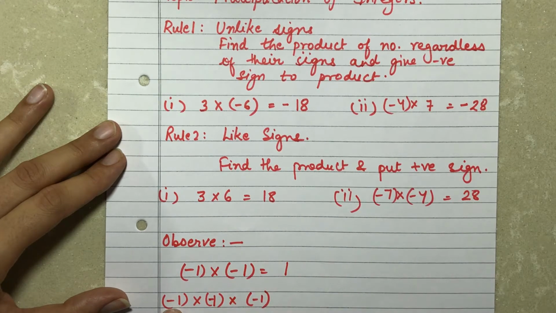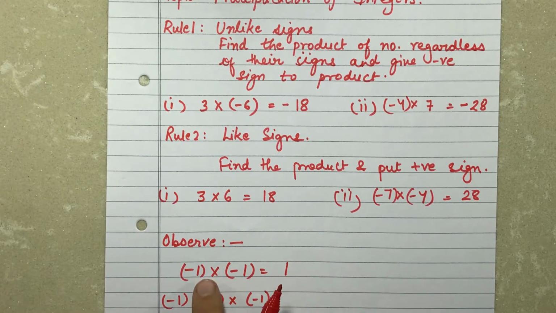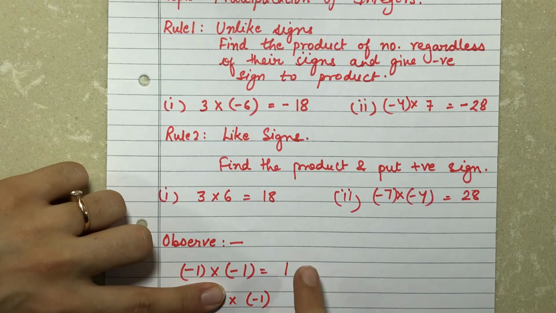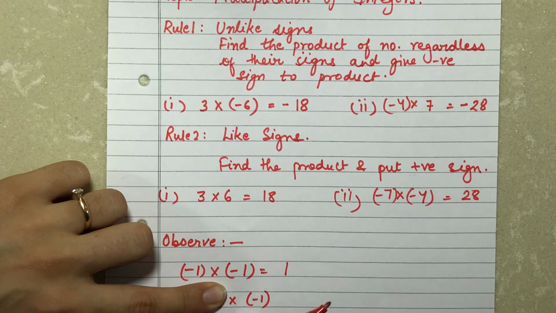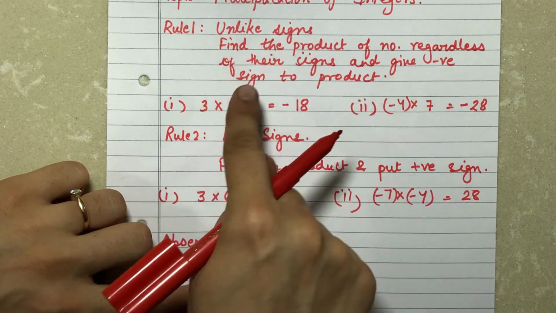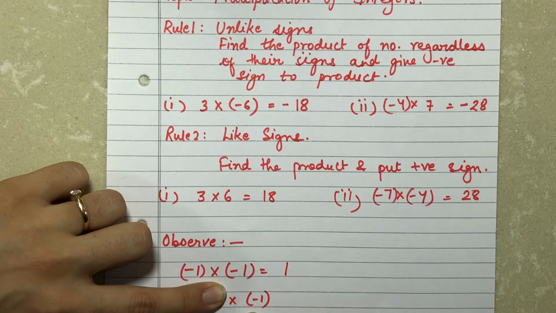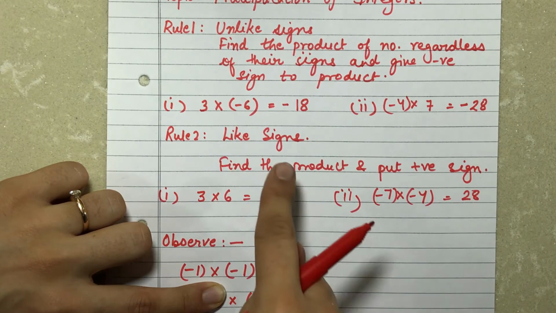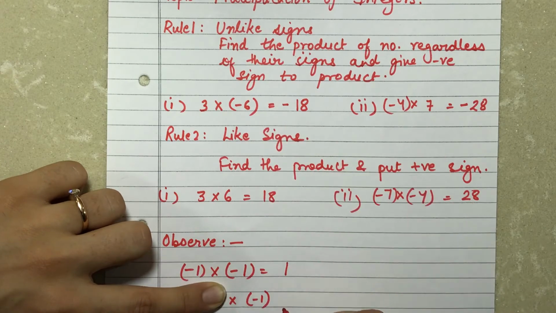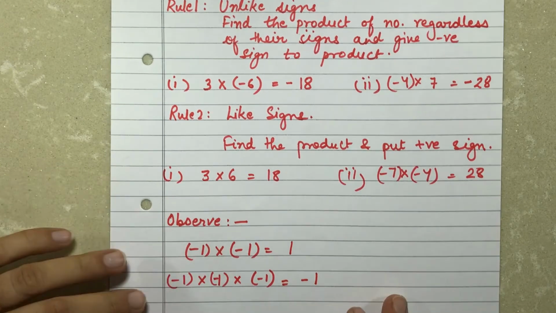Okay, if I have minus 1 into minus 1, the answer is 1. So in place of these two, I can put 1 here. So now it is 1 into minus 1. Look at the unlike sign rule: one number is positive, the other is negative. The answer should be a negative number. So this becomes minus 1.